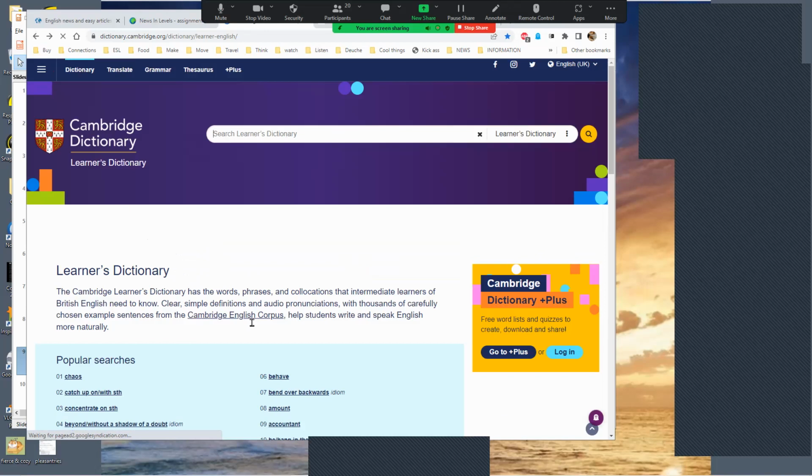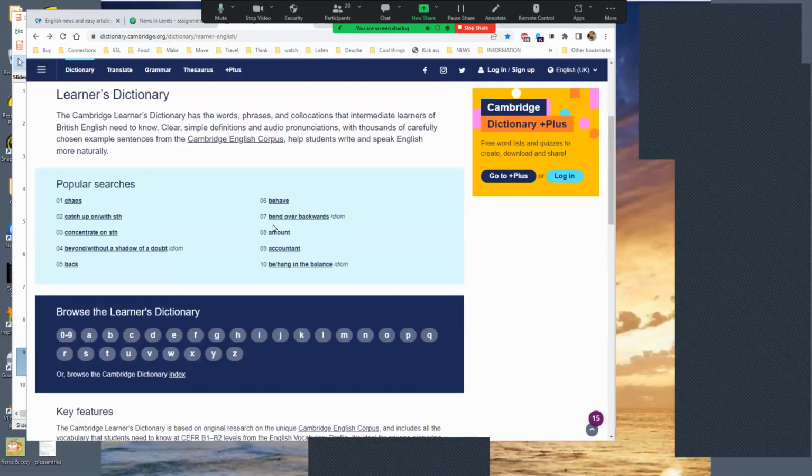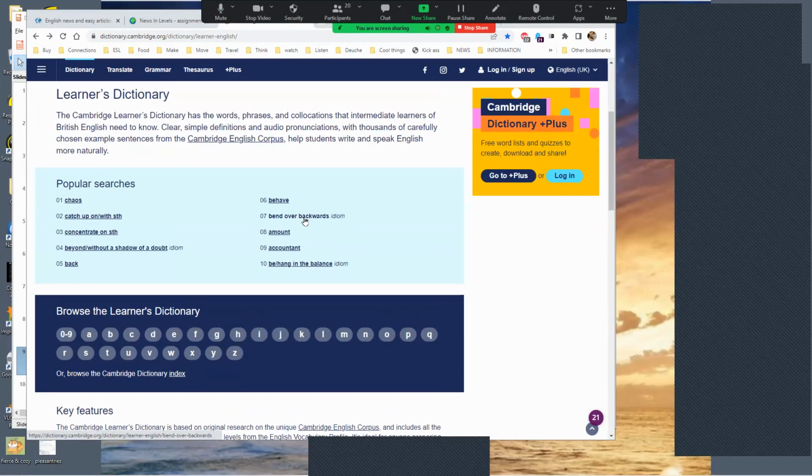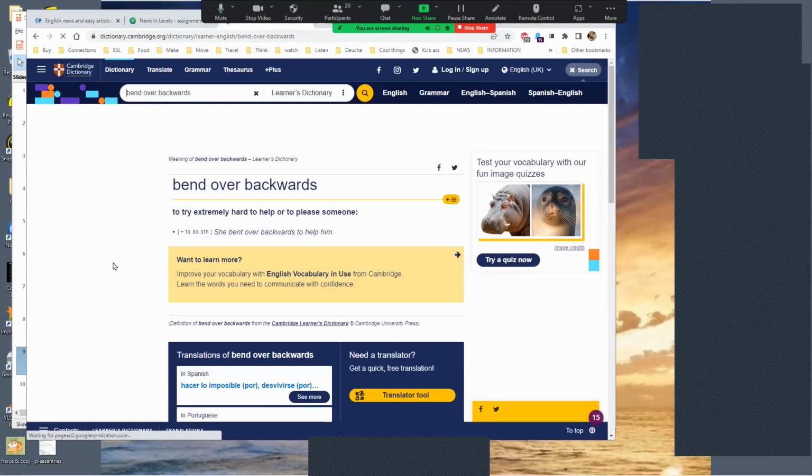But even if we look on the front page, this wonderful bend over backwards. Perhaps you've read something that said they were required to bend over backwards to please the celebrity, to get them everything they wanted. It's an idiom, and the Learner's Dictionary has idioms in it, right?